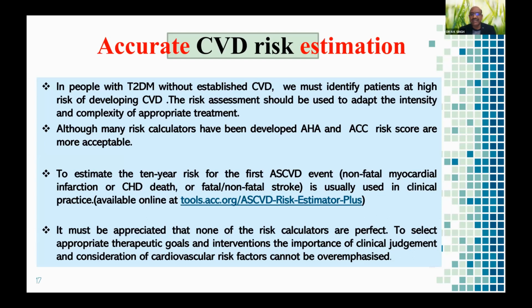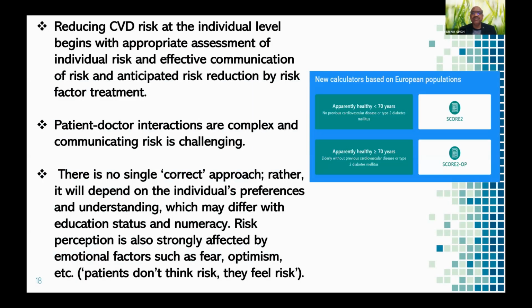And in clinical practice, it is widely done by risk calculators that are available online. I will just tell a bit about that. Recently, new calculators for the European population have come, known as SCORE2 and SCORE2-OP.